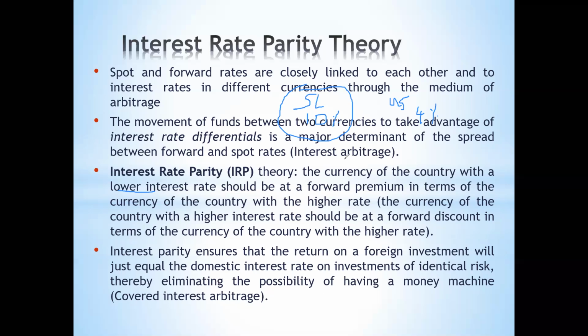What we call interest arbitrage means we borrow money in a low interest rate market and try to invest it in a high interest rate market. So the interest rate parity condition tries to eliminate that arbitrage process. Actually, that is happening at the end of the arbitrage process.